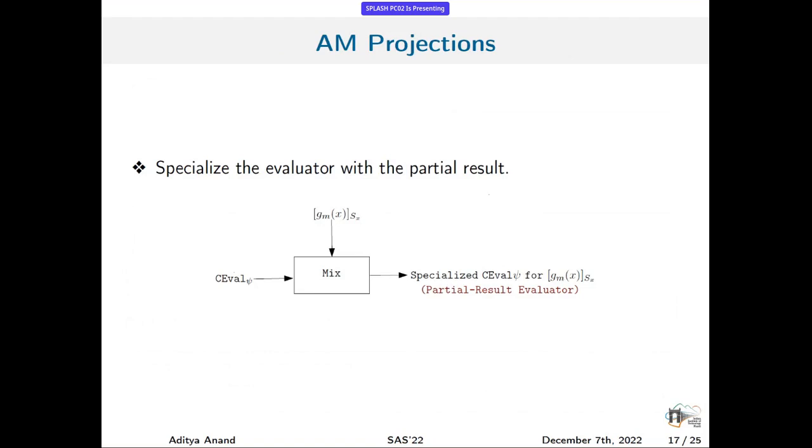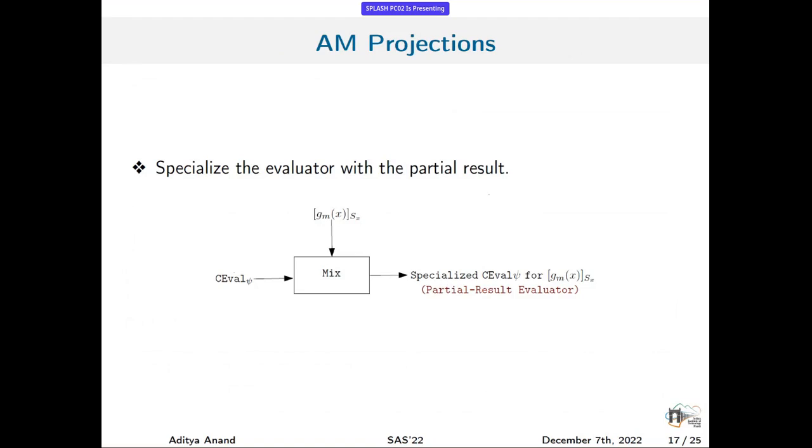Here we take the conditional value evaluator for a particular analysis psi and the set of specialized conditional values, gm of x, sx, and get specialized conditional values for that particular program element.